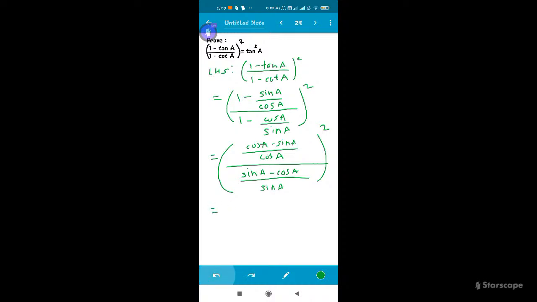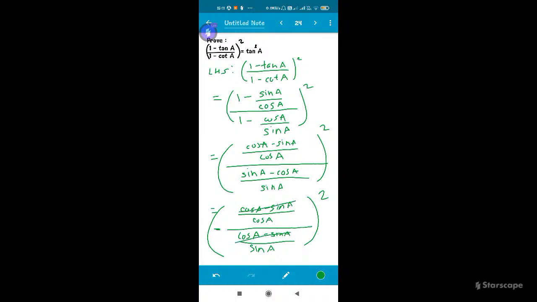I can write it as (cos a minus sin a) divided by cos a, and if I take a negative sign as common from the value out here, I will get (cos a minus sin a) divided by sin a. This negative sign is coming from the fact that I am converting this value in the form of this. That's why I have taken this negative sign outside, just like the previous question which we did. So whole square.